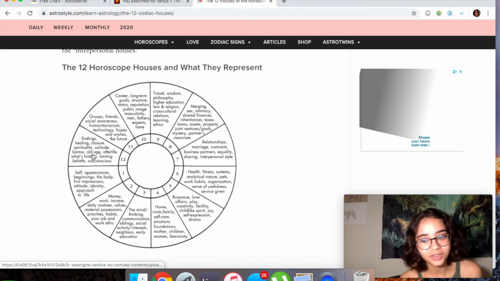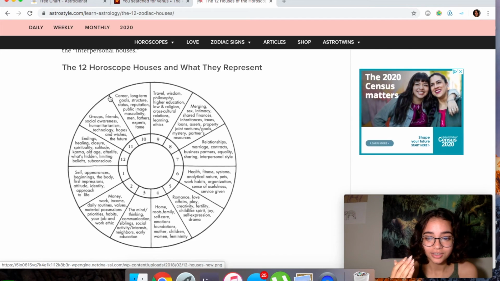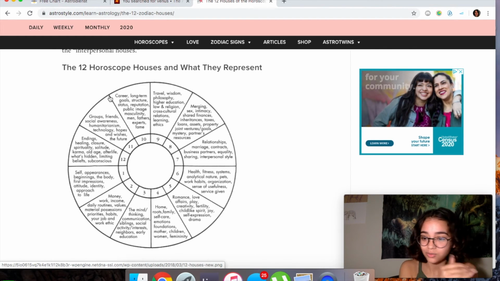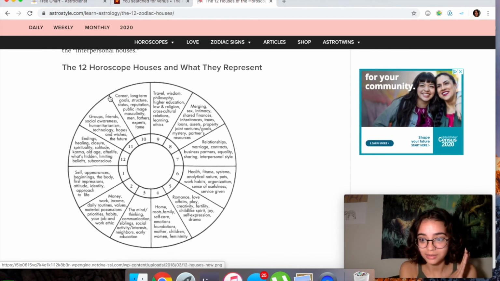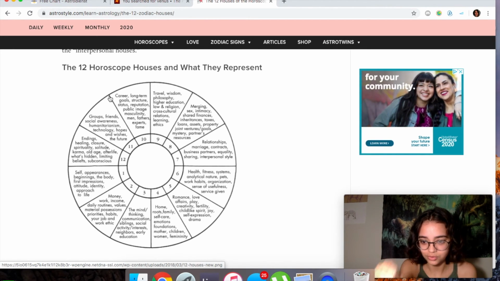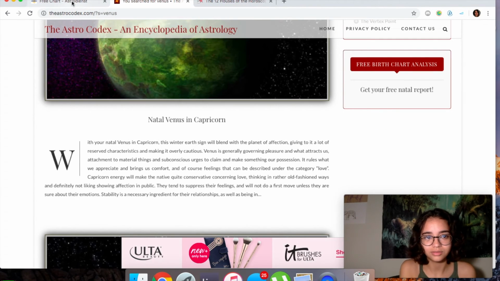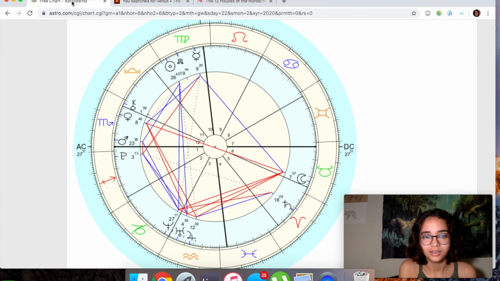I don't know what your chart looks like specifically and what planets are involved in what houses. Everybody's chart is individual to them. It's different than any other person's chart. It's incomparable.